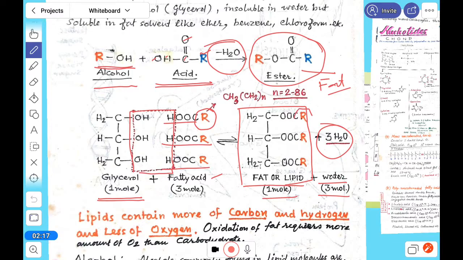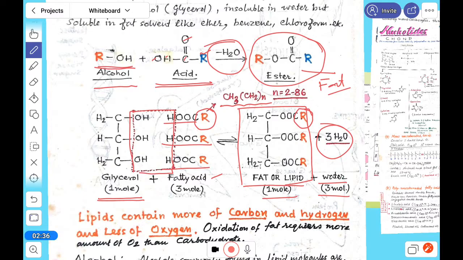So here the value of the R is there. You can see one equation here, R equals CH3 (CH2)n. The value of n is also 2 to 86. So I think you can understand this fatty acid.